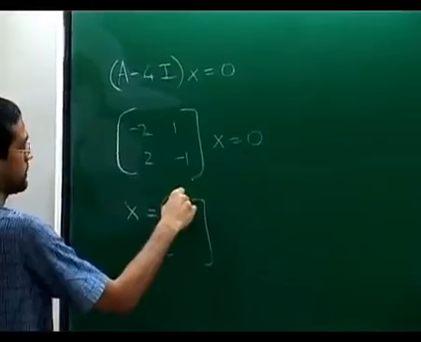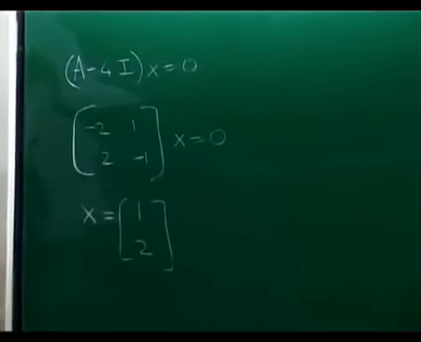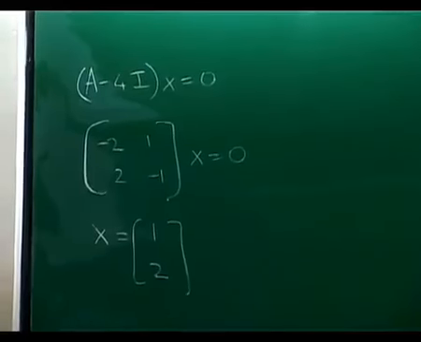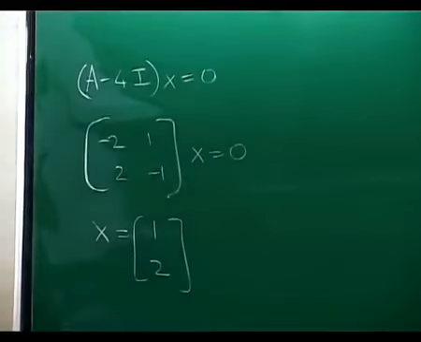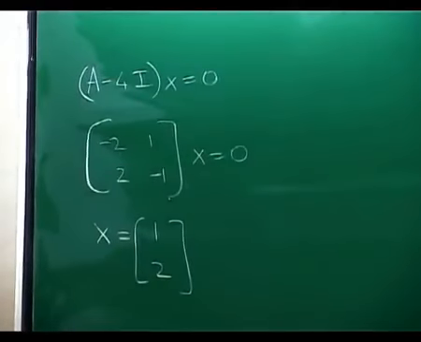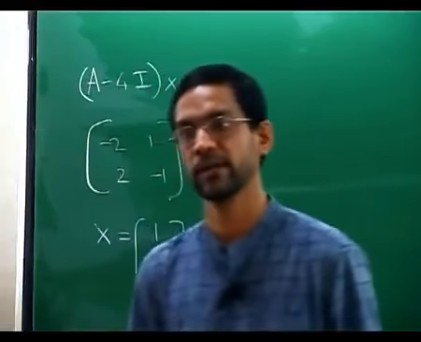So I can take 1 comma 2. Okay, so I found two eigenvalues, 1 and 4, with these two eigenvectors. Right. So this procedure, I'm sure, is familiar. This is how we do this. Okay. So why do we do this? What in your mind are reasons for wanting to find eigenvalues and eigenvectors for matrices?